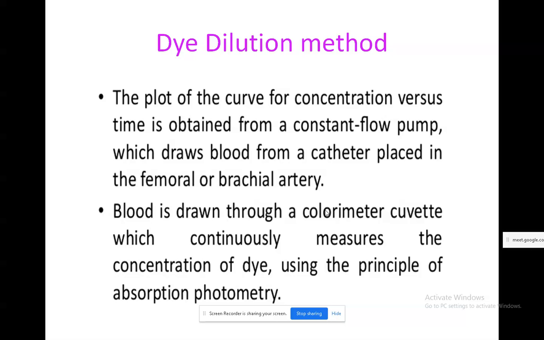That is absorption photometry. When you pass the light through the blood, the particles present in the blood will absorb some light energy, so you get less intensity when the light leaves the colorimeter cuvette. This is the concept of absorption photometry.